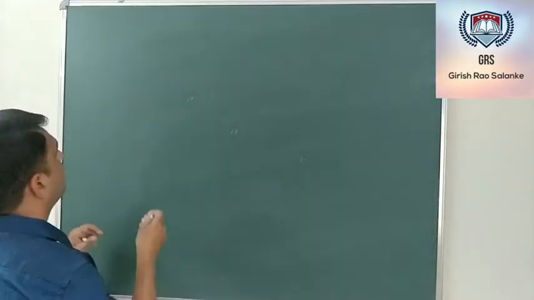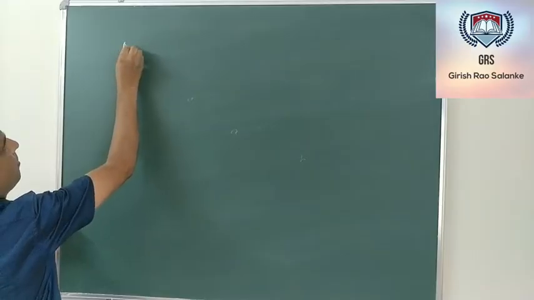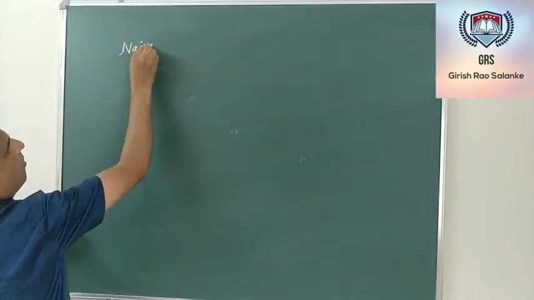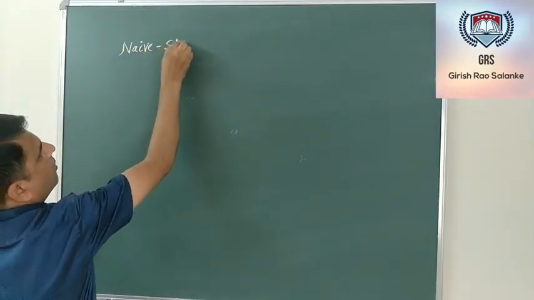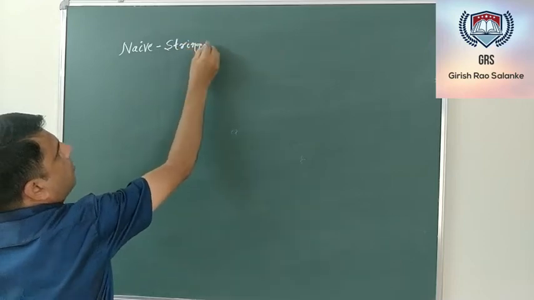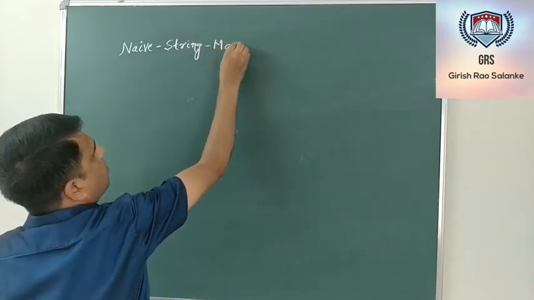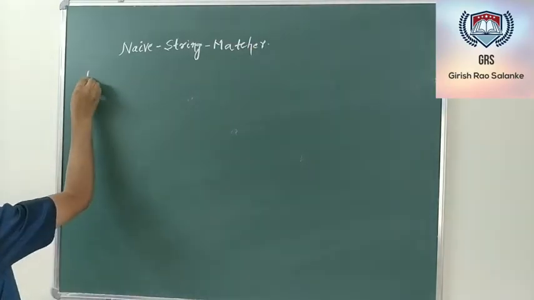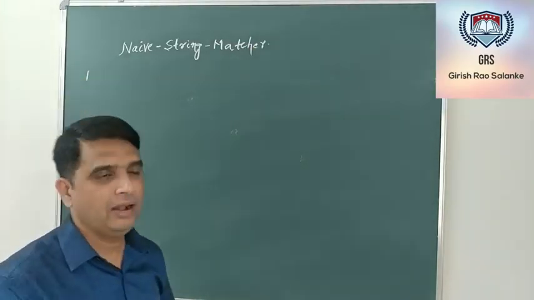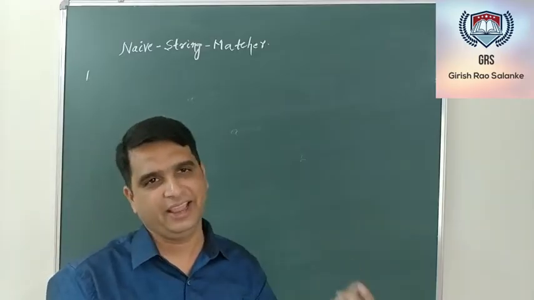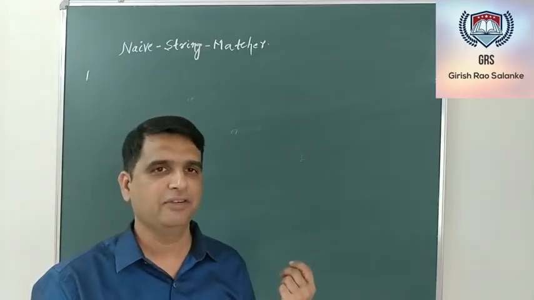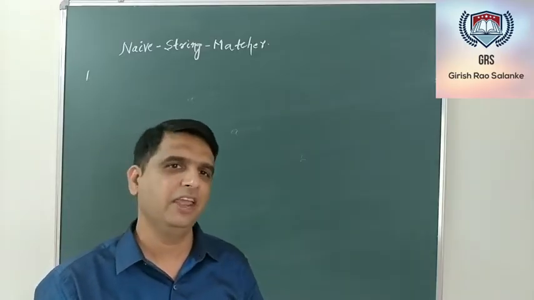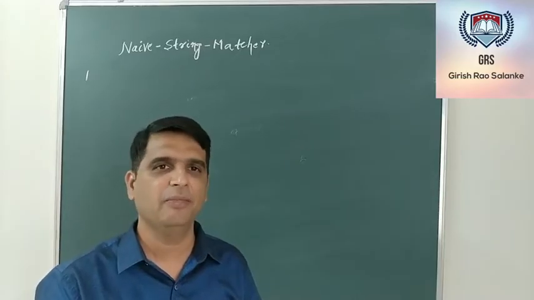Let me write the name of the algorithm as naive string matching or matcher. So first step would be, I'll try to get the length of my text. So earlier I have told, let's use a variable n which denotes the size of my text.